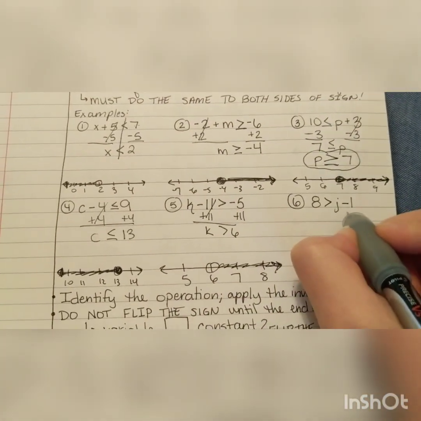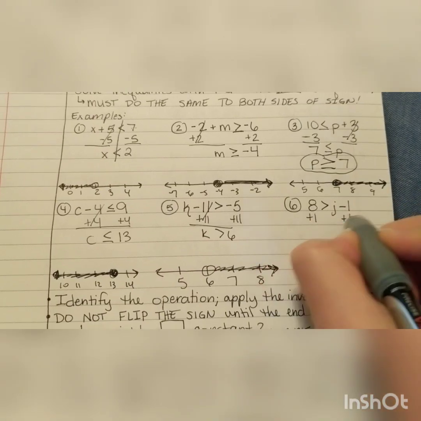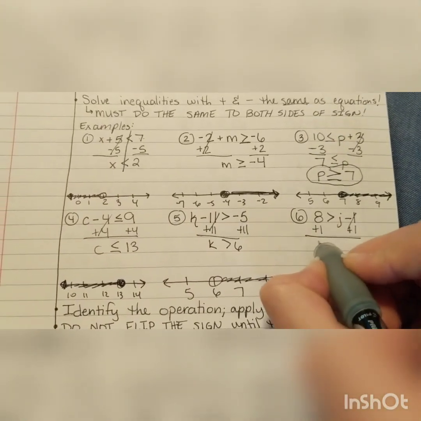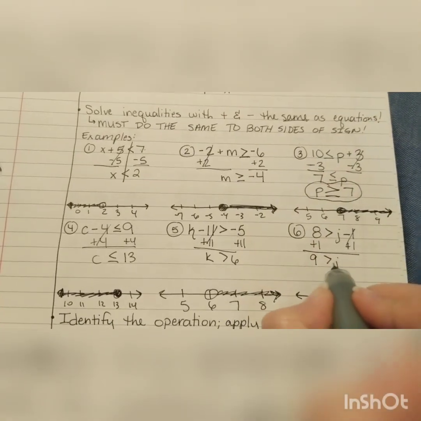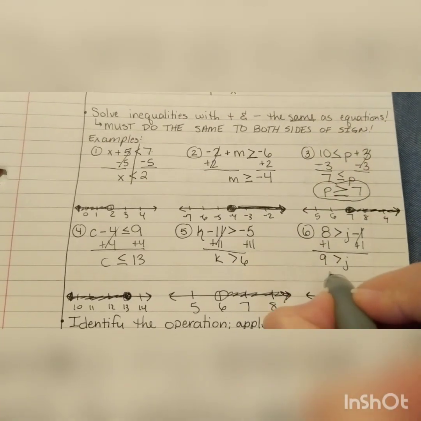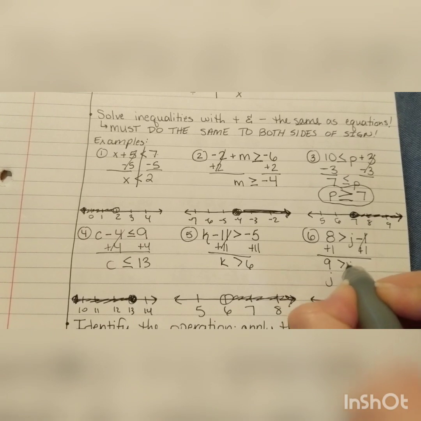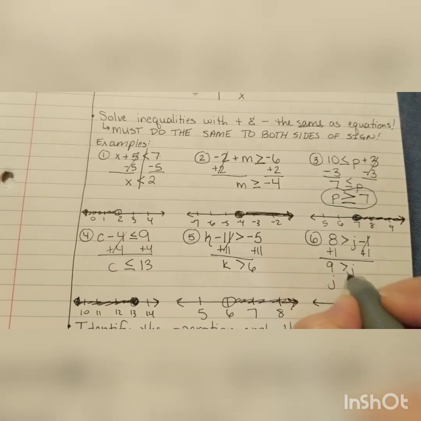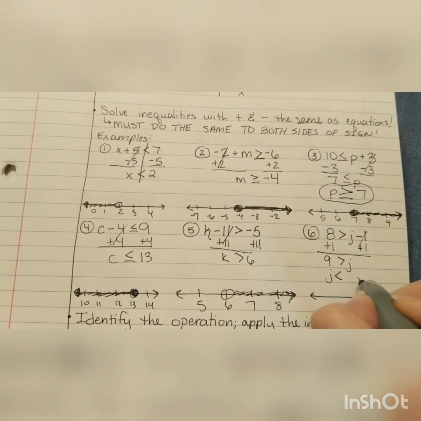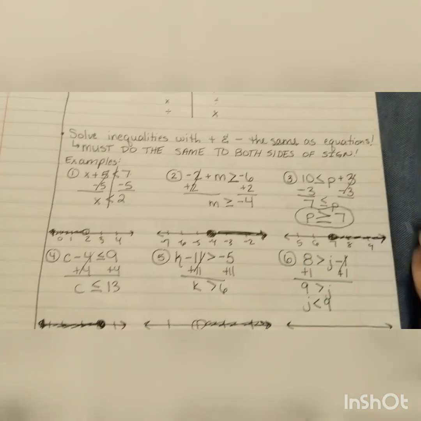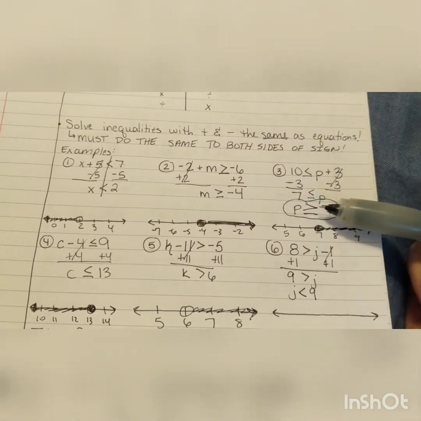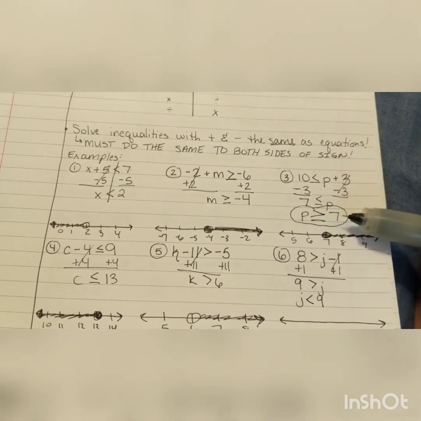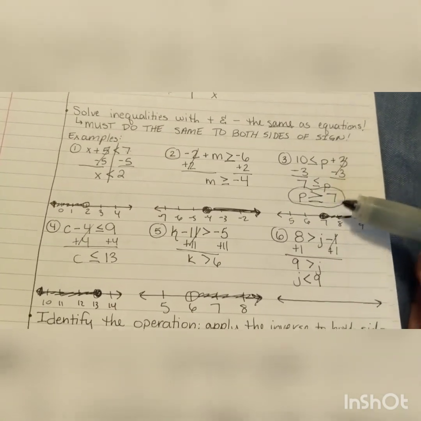I have subtraction 1, so I'm going to add 1 to both sides. 8 plus 1 is 9. And this is the same thing. My variable is on the right. I'm going to flip it to my left, and if it is pointing at my variable, I want it continually pointing at my variable. Again, the one up here is pointing to my constant, so when I flip the inequality, it has to continue pointing to the constant.